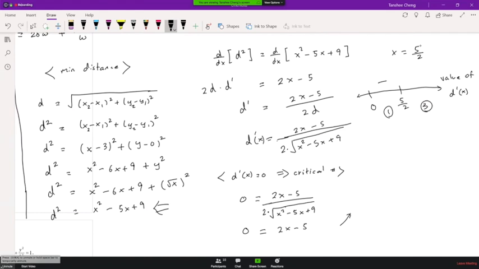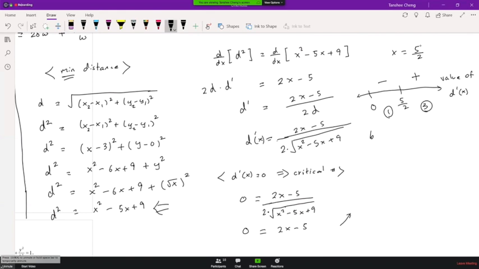And when I plug in 3 into the function, the numerator is positive, the denominator is also positive, so it will be what? Positive. So as you can see, we have a local minimum at 5/2. So that's basically what we want, because this distance is a function of x, and we will get a minimum at x equal to 5/2, which will give us what? A minimum distance.